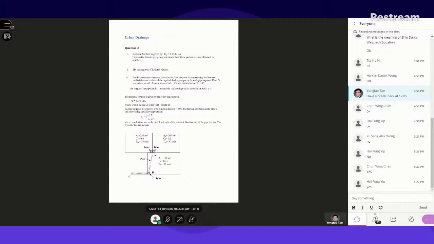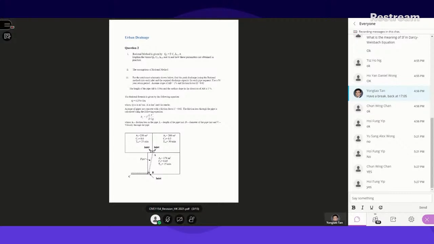We assume the slope of AB is 1%, and the friction factors are given. This is the layout of the subcatchments of this drainage system.